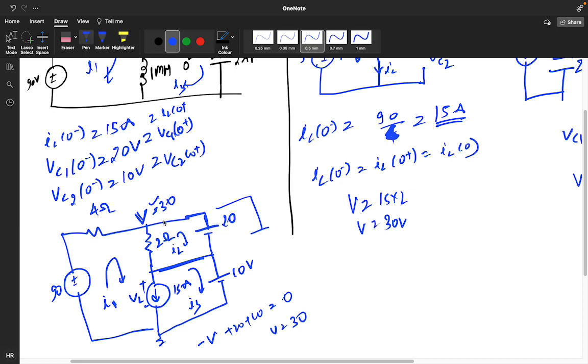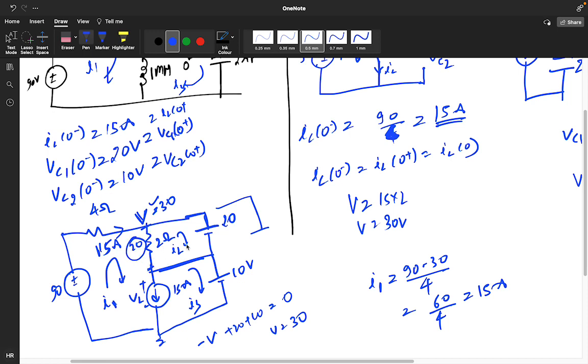So 90 minus 30. If I want to find the I1 value, it will be 90 minus 30 divided by 4. So 60 by 4, which is 15 ampere. So 15 ampere current is flowing from this, and this is 20, so the voltage across this particular branch is 20 only.